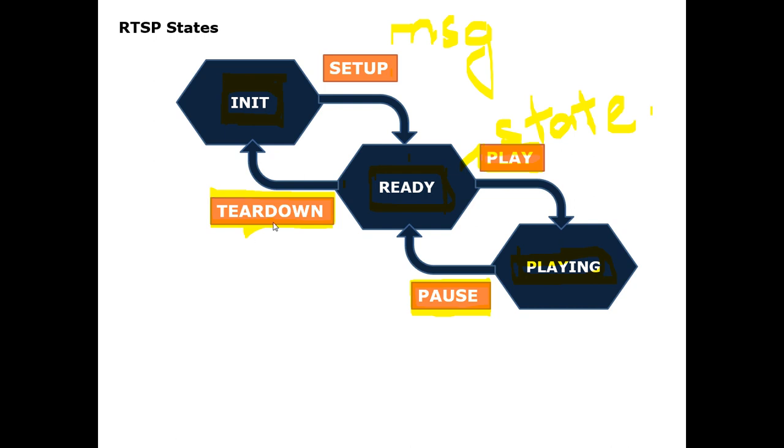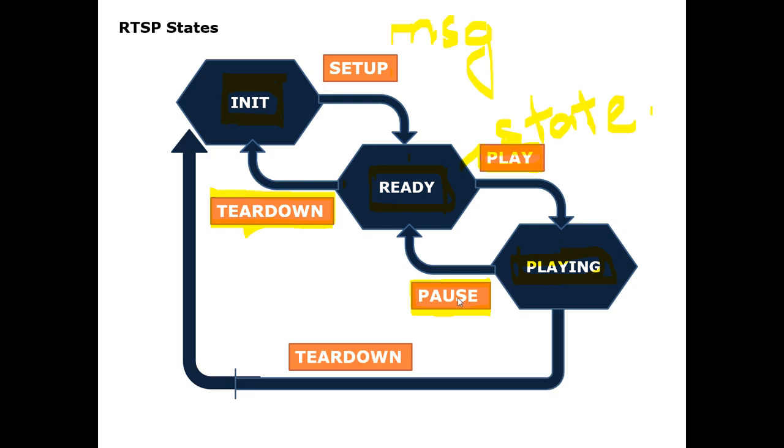This teardown message can also be sent from the playing state. No matter from where the client sends the teardown message, it will end the communication and take the protocol back to init state. These are the RTSP states and RTSP messages.